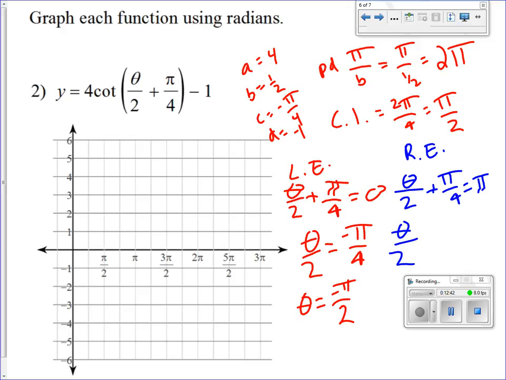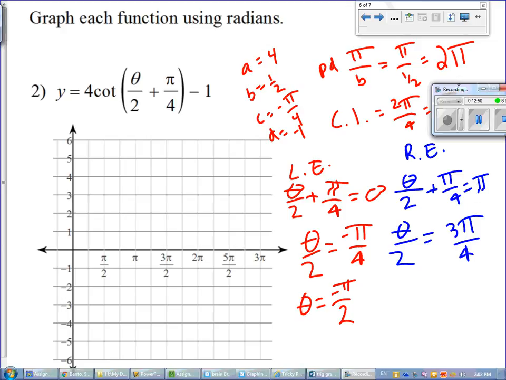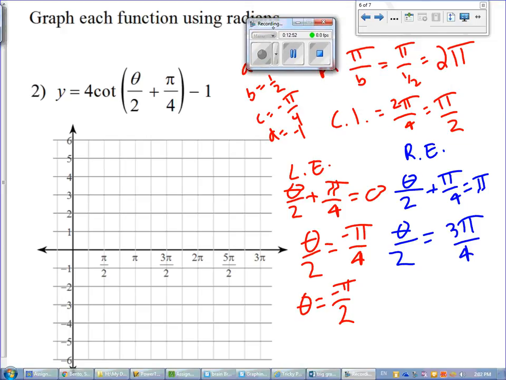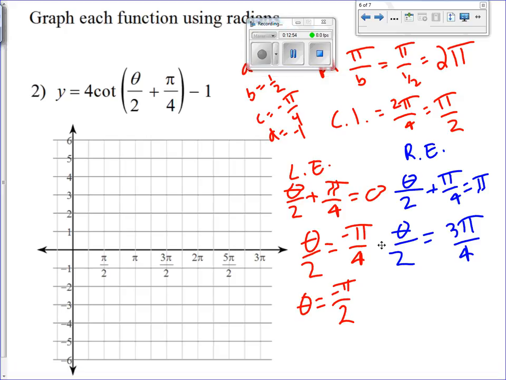I'm subtracting pi over 4 from 1 whole pi. 3 pi over 4, 1 whole minus 1/4 is 3/4. We should be getting faster and faster at these, more and more comfortable with these fractions. And then multiplying that by 2. Notice the 2 in the numerator, 4 in the denominator can be simplified to just a 2 in the denominator. So there are the left and the right endpoints.